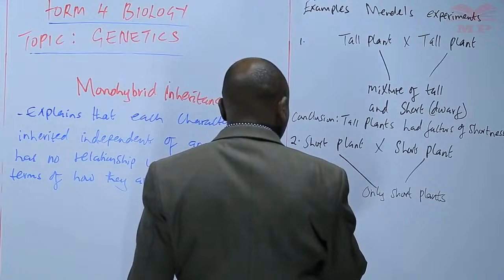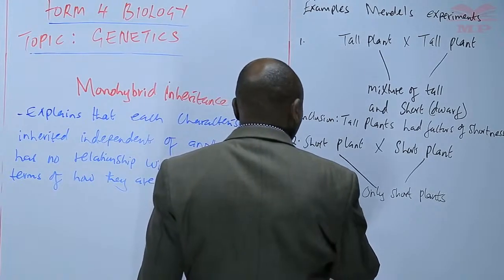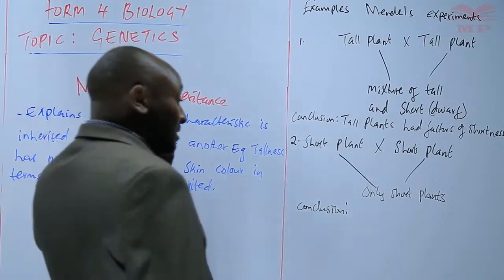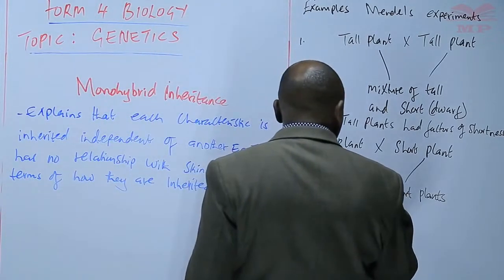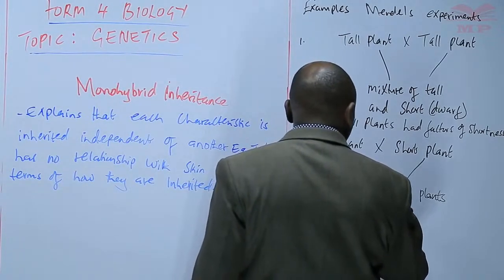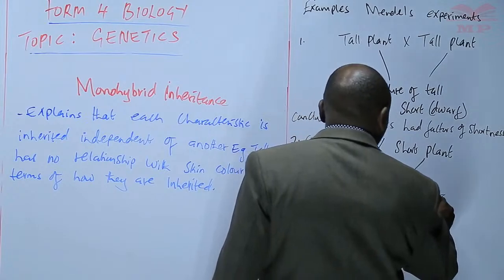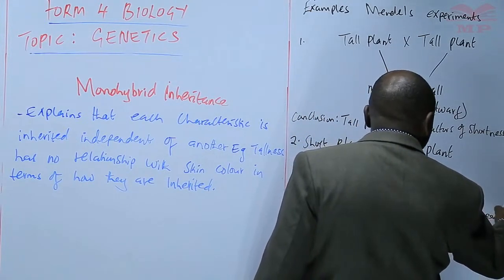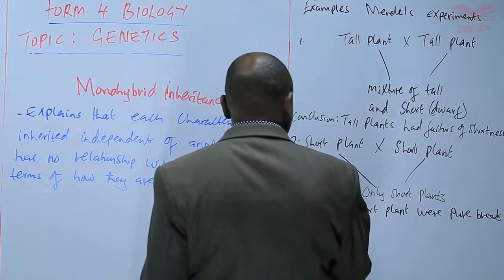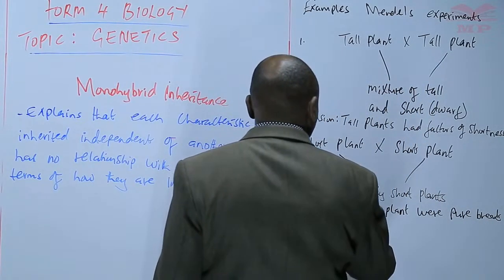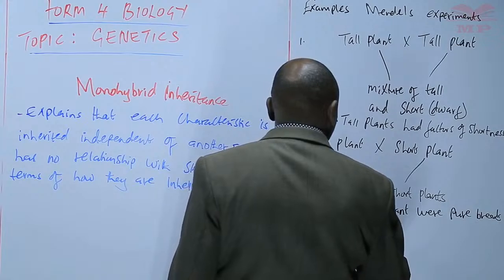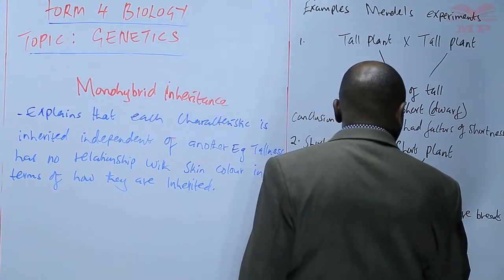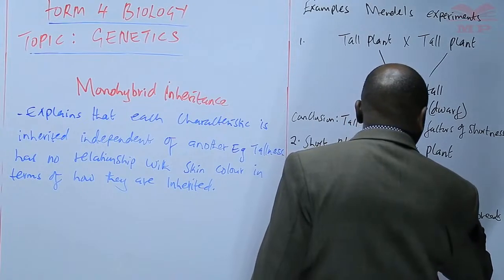But in the second experiment, the conclusion, by crossing a short and a short plant, it means that the short plants were pure breeds, that is, had factors for shortness only.